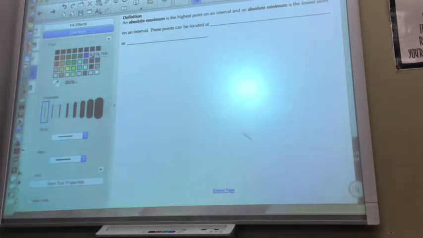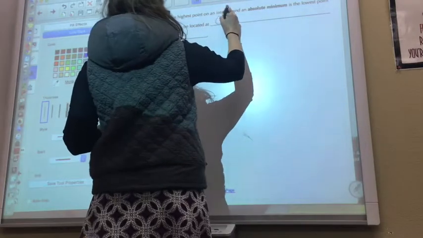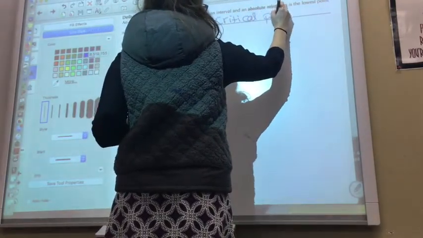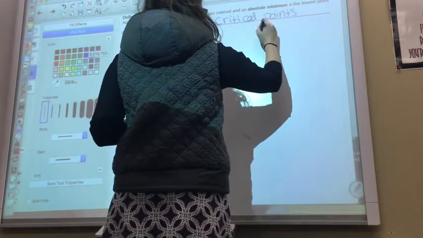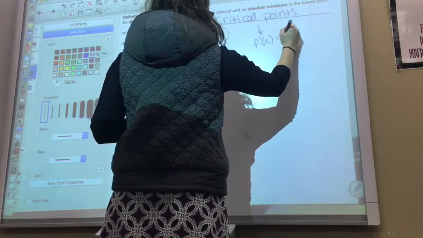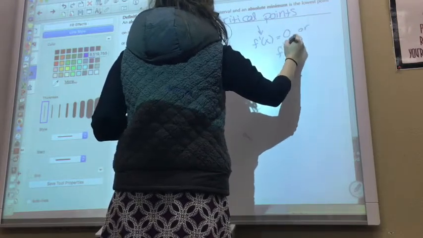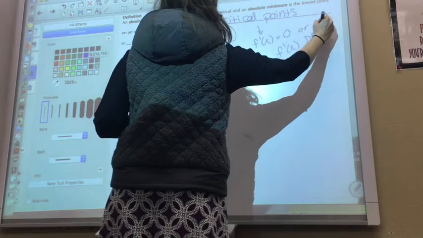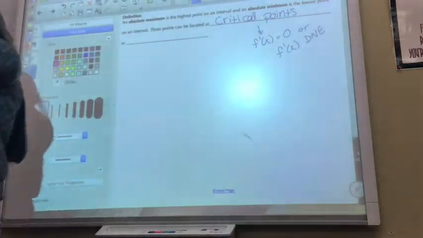Okay, so when g prime of x either equals 0 or does not exist, what do we call those types of points? Okay, so these points can be located at critical points, which is where your derivative equals 0 or does not exist. Right?